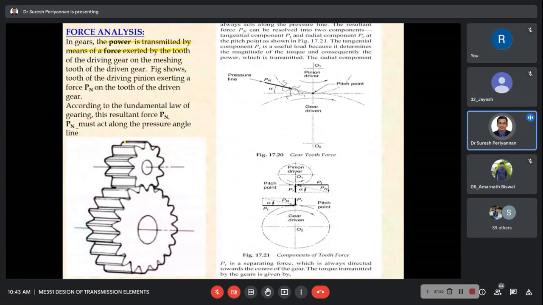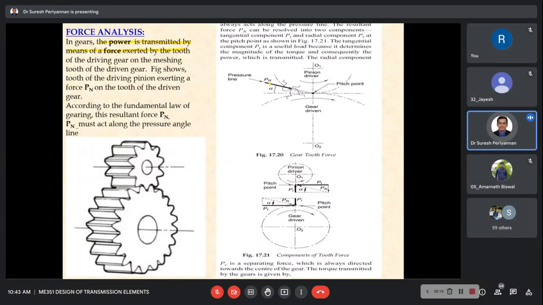See this figure now. This is Pn, the resultant force acting along the pressure angle alpha, which we discussed already. The resultant force always acts through the pressure angle.